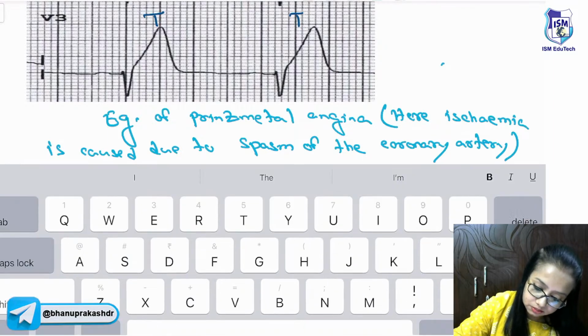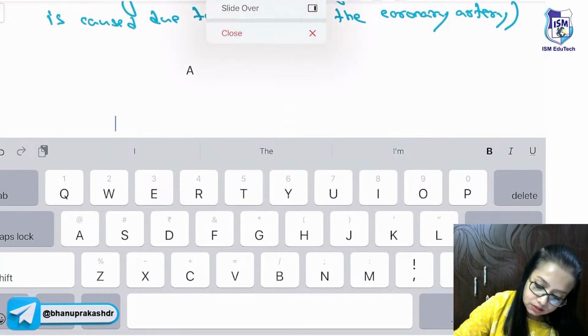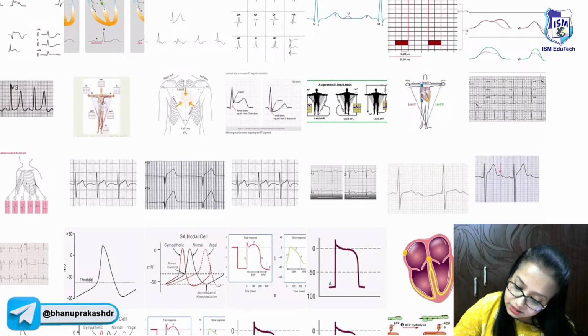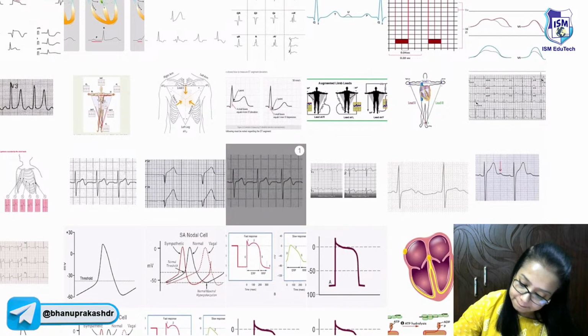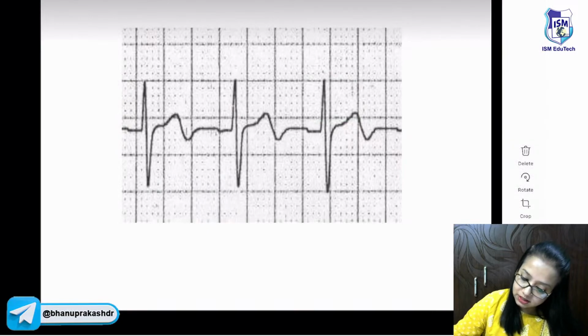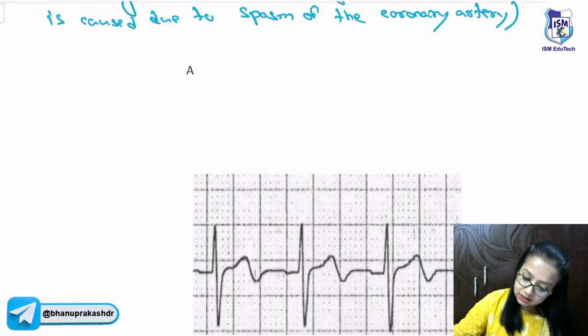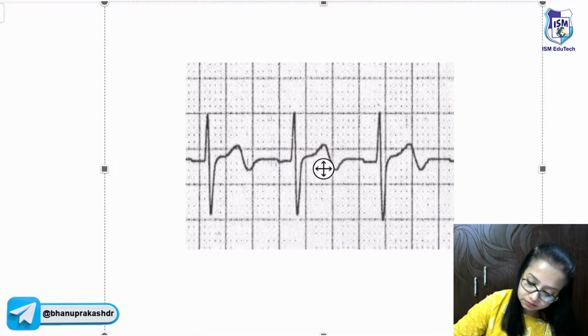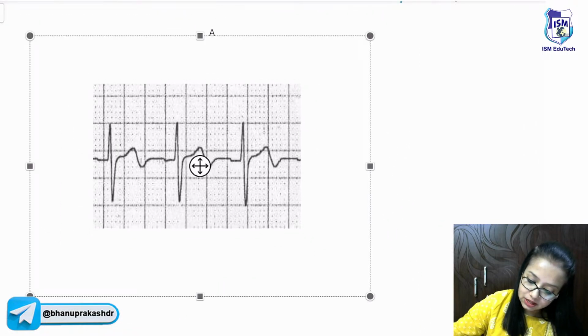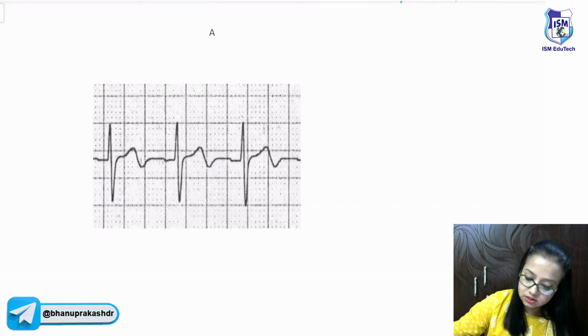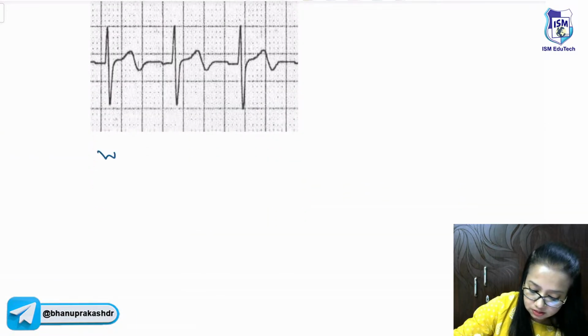Again, more examples of this abnormal T wave. One more we are going to study, that as seen in case of Wellens syndrome.